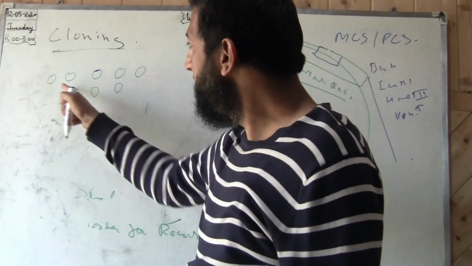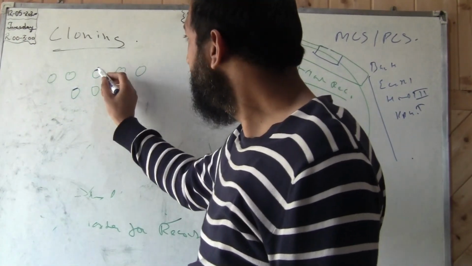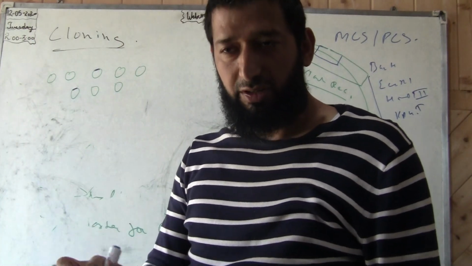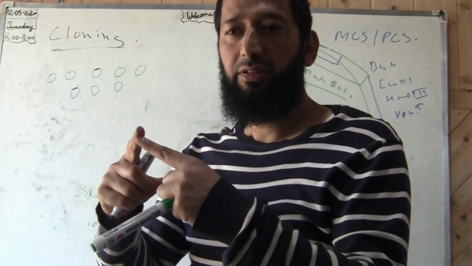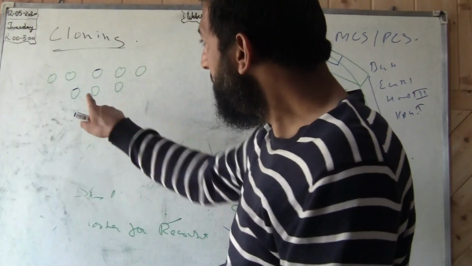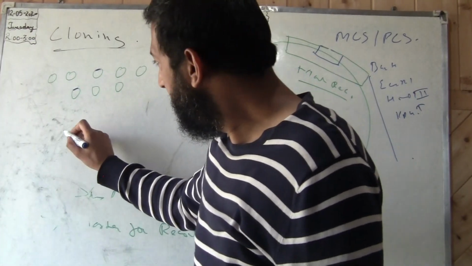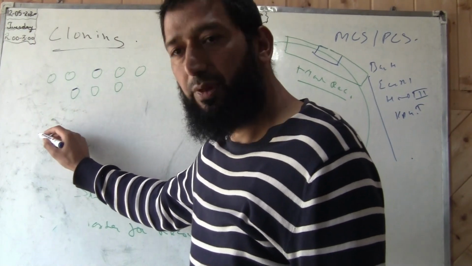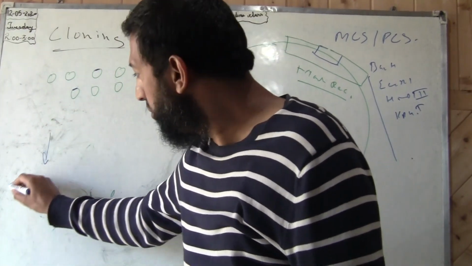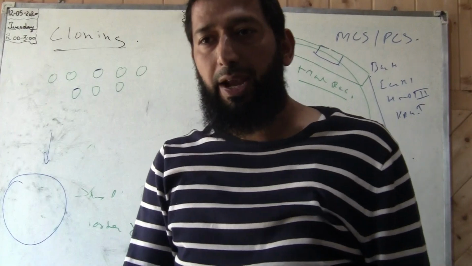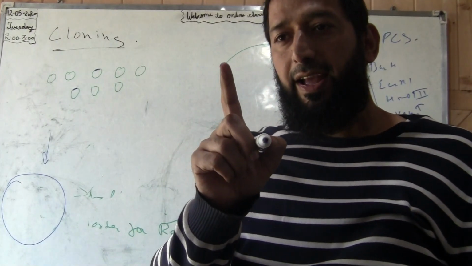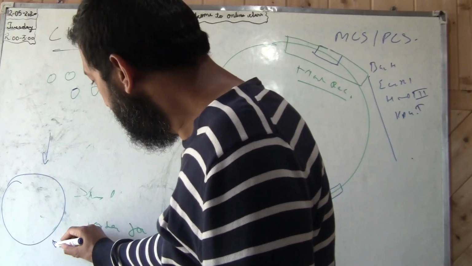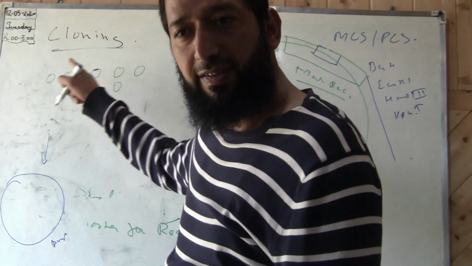Because for example, say these are the vectors, and in two of the vectors you have your insert or gene of interest, but others religated. They are empty vectors. When you transform these vectors in the E. coli, and then you plate those E. coli on an LB plate, all of these will be able to grow because you have ampicillin here. All of these vectors have ampicillin.